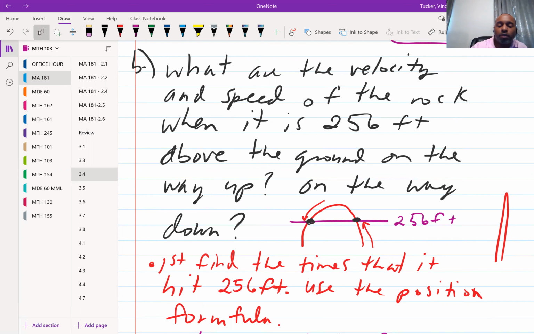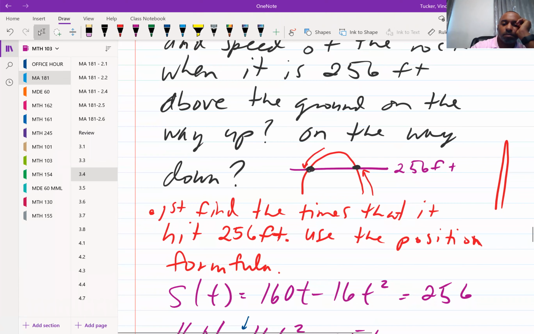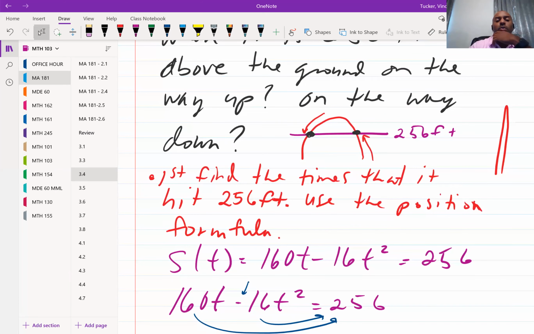And of course, we use the position formula to figure that out. Keep calling it a formula. It's the position equation. I guess it could be used as a formula, but I like to say equation better.